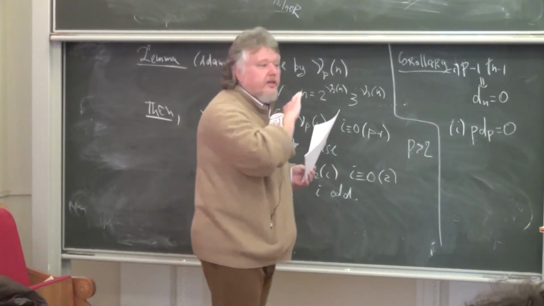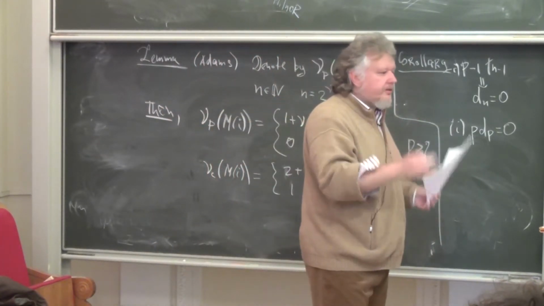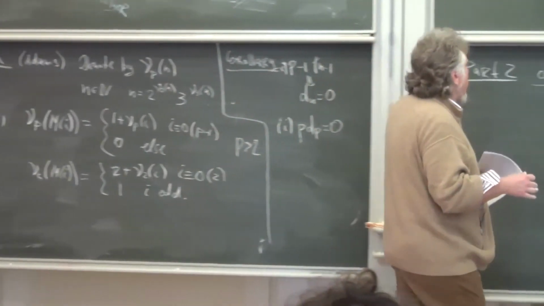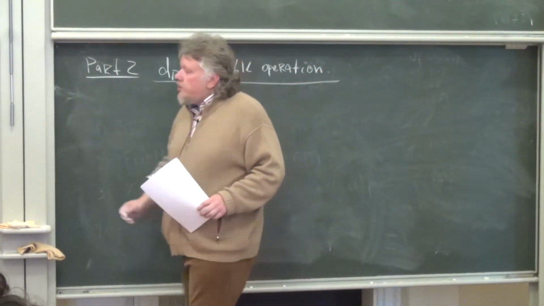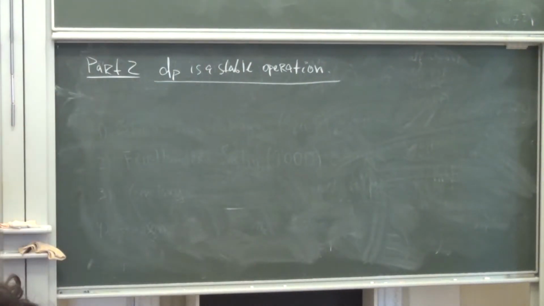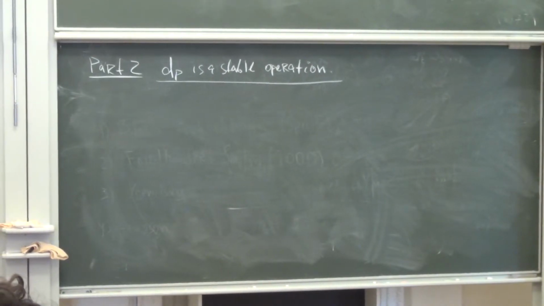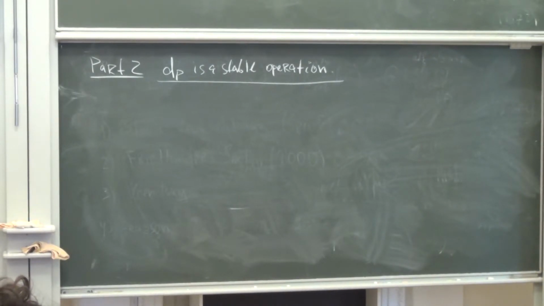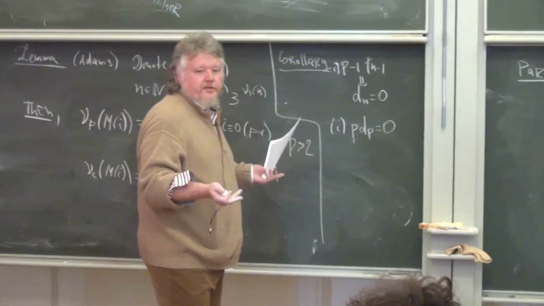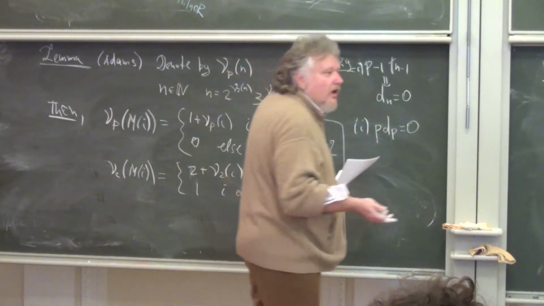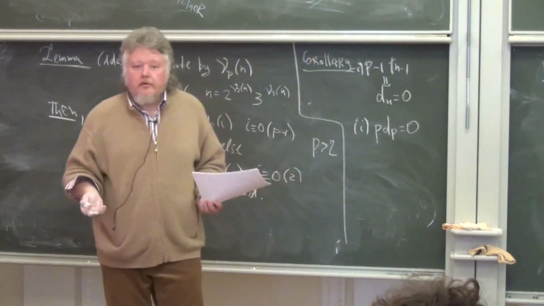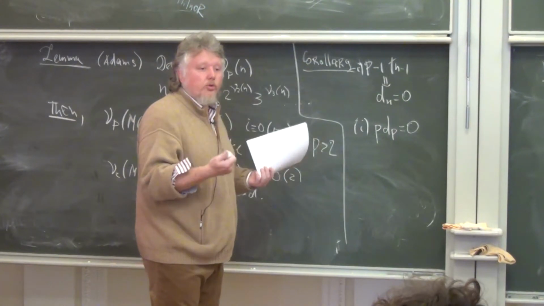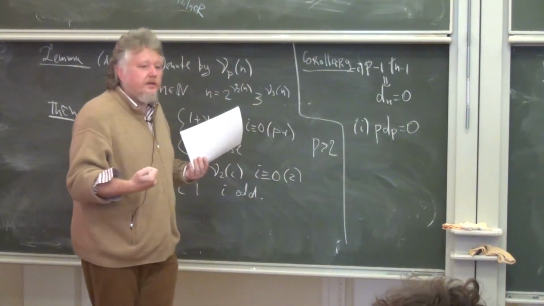So it's sufficient to check that for all smooth varieties, we have a natural homomorphism. We have some functor dp, which commutes with suspensions in the sense of Voevodsky. There are some technical differences here, but I don't want to go into them. First of all, dp is functorial, of course, due to the definition of the spectral sequence. So dp is a functor defined on the category of all smooth varieties. So it's already an operation. We just should check the stability of dp.